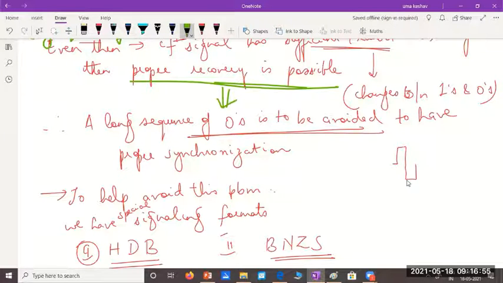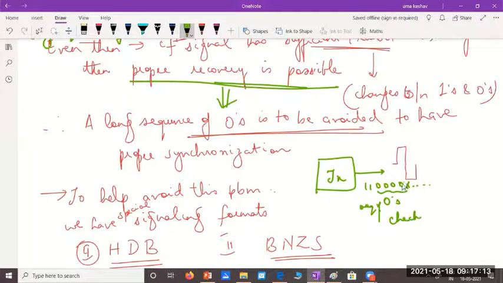Is this clear? So all you have to do is at the transmitter, whenever a transmitter is sending data, see if there is a long sequence of zeros, check and replace this sequence of zeros with a different binary sequence having a few ones.